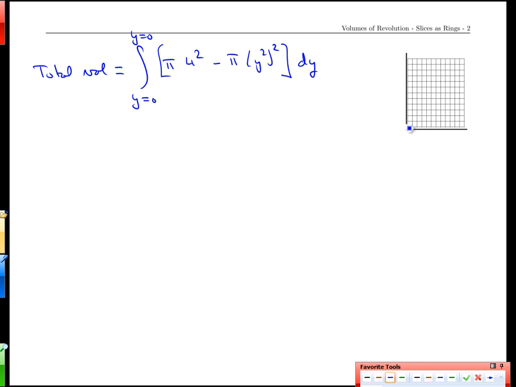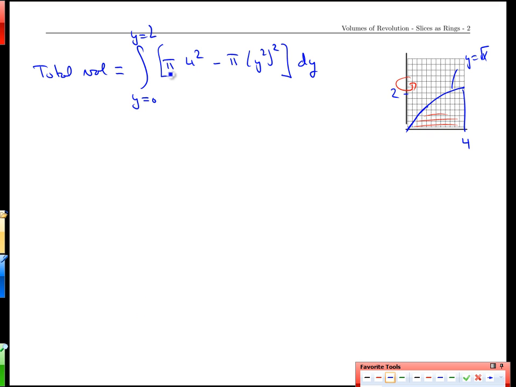If we're spinning this around the y-axis, and we went up to x equals 4, and if this was y equals root x, then x equals 4 means y equals 2. So our limit of integration would be 2 at the upper limit. And that covers all our slices, and all these pies and squares come from rotating that shape from an area into a volume.